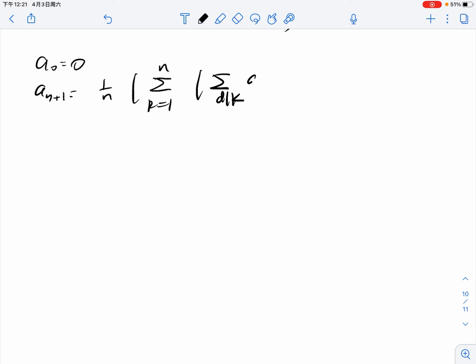So for this question, it's more subtle, but fortunately we have a certain inductive formula. So let a_0 be 0 and a_{n+1} be 1 over n times the summation for k from 1 to n, summation over all divisors d of k, d times a_{n-k+1}.